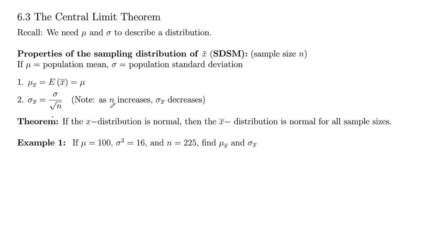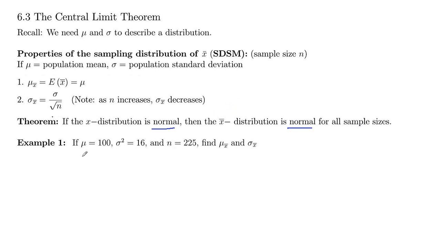So note here, as n increases, as your sample size increases, the standard deviation or standard error of the sampling distribution decreases. And then we have a theorem here. If the x distribution, the parent distribution, is normal, then the x bar distribution is going to be normal for all sample sizes. So if you start with normal, you get normal.